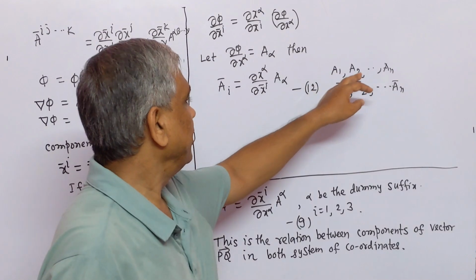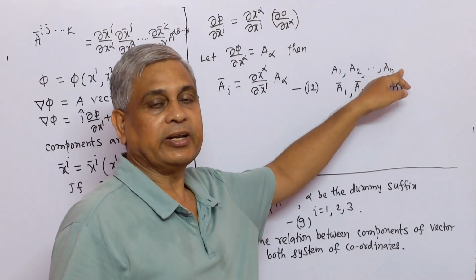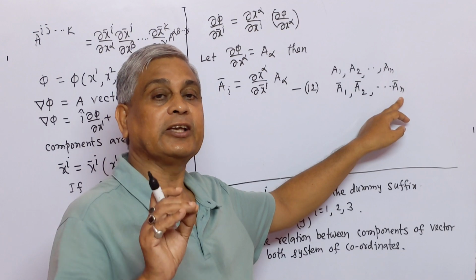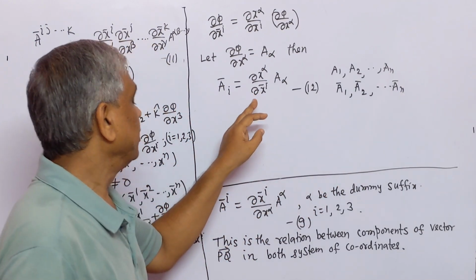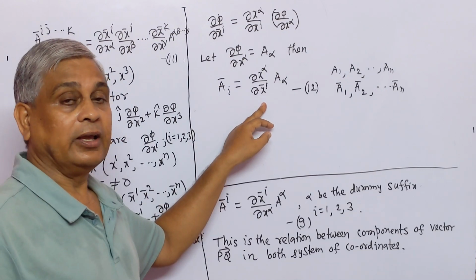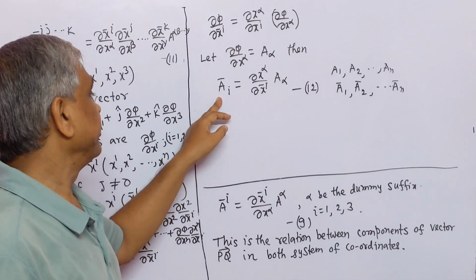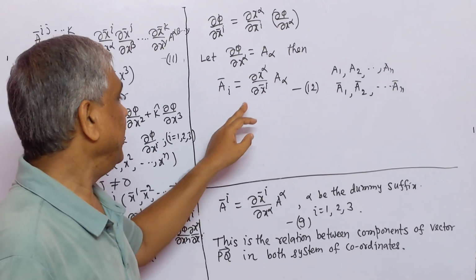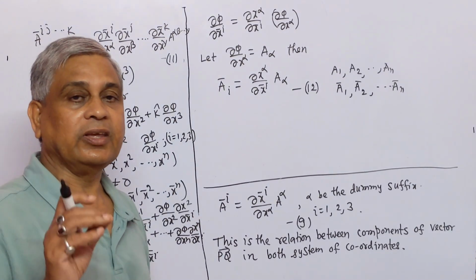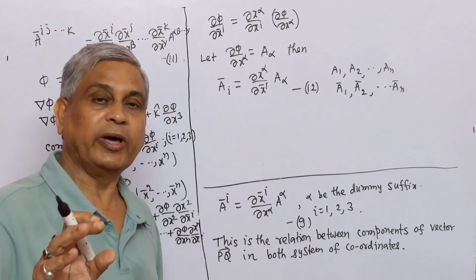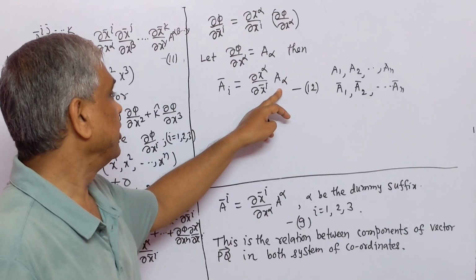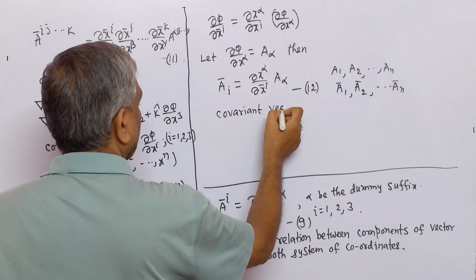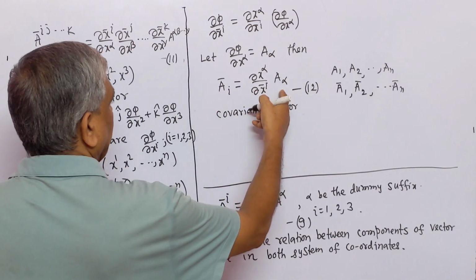These components are components of the vector in the x system of coordinates, and these components are components of the vector in the x bar system of coordinates, and this is the transformation rule for obtaining components in the x bar system with the help of components of the x system of coordinates. And this type of transformation is known as transformation by covariance, and components of these vectors are covariant vectors. This is for rank 1.